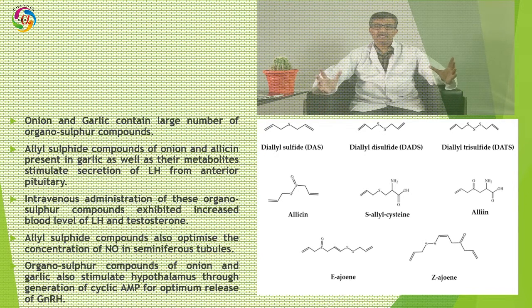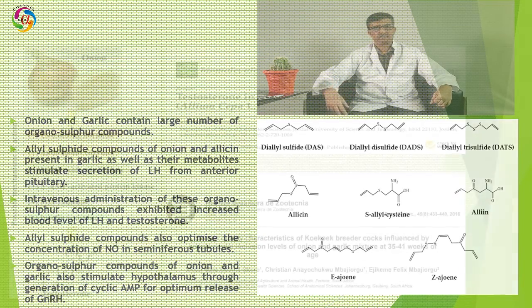Thus, the functions of allicin and diallyl sulfide present in garlic and onion are multivalent. They act directly on the reproductive axis, they act through nitric oxide, they act through cyclic AMP, and so on. All these activities are scientifically proven and documented.